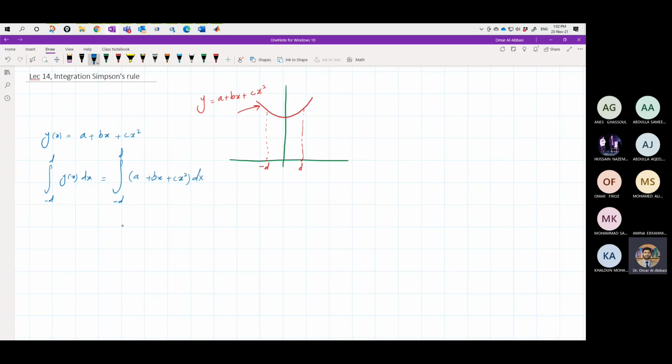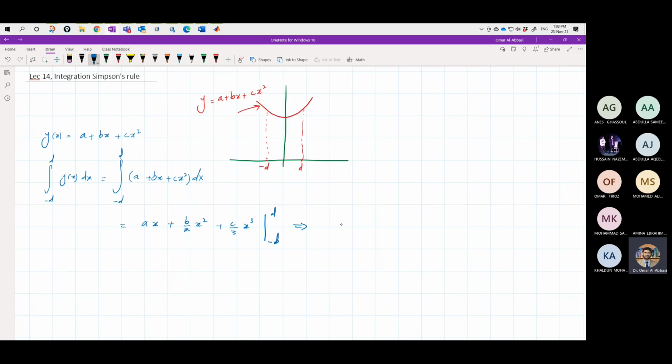So this gives ax plus b over 2 x squared plus c over 3 x cubed, correct? And you need to evaluate it from minus d to d.